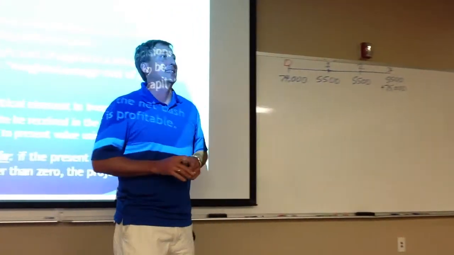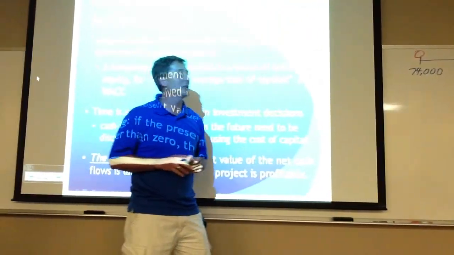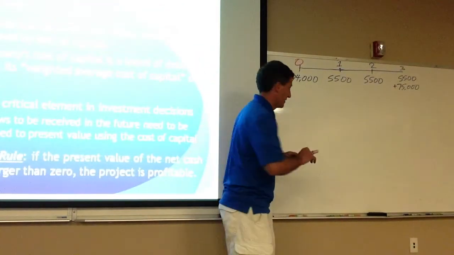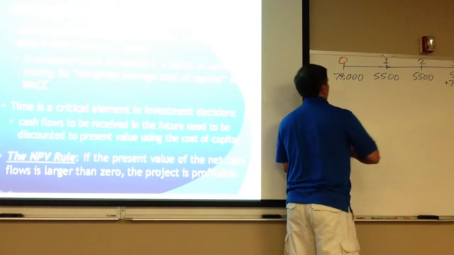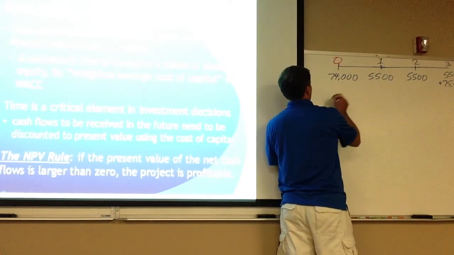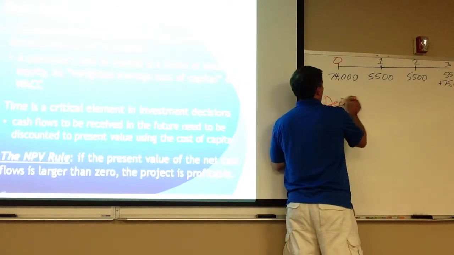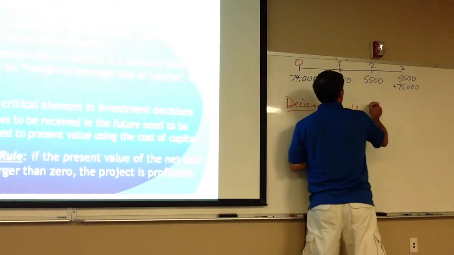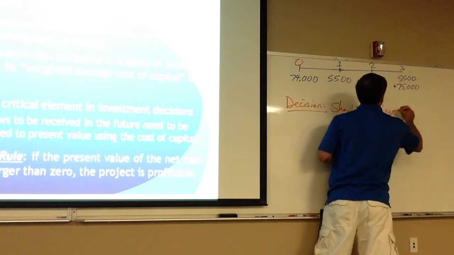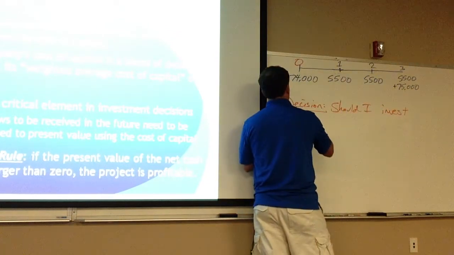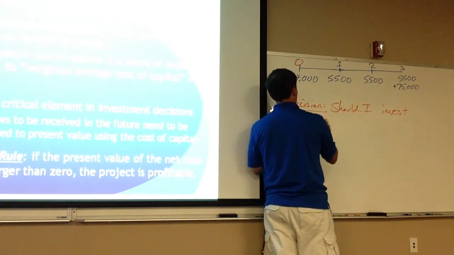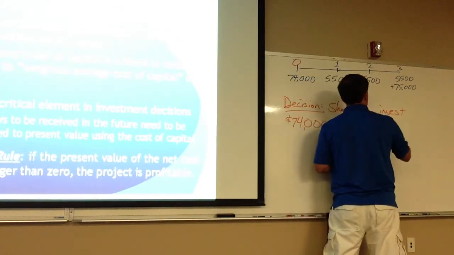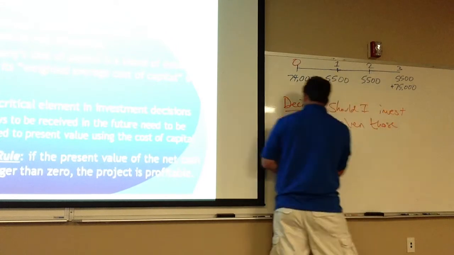So, how do we use that formula to get the present value? So the question is, here's the big decision. Should I invest $74,000 given those expected returns?